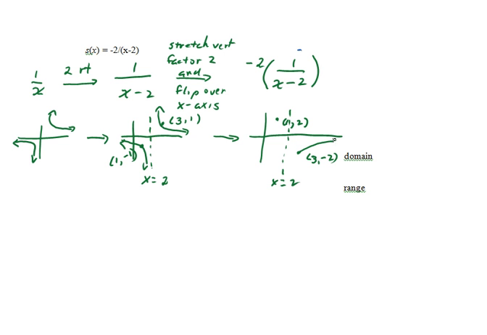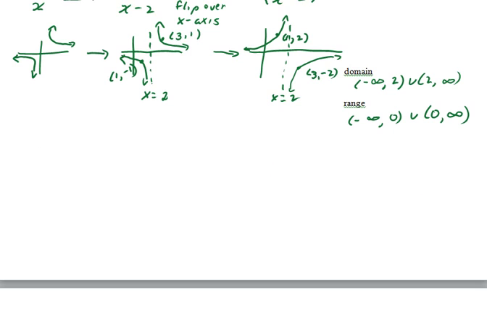And although there's been stretching and flipping, the horizontal asymptote is still at the x-axis. So the domain has changed to x not equal to 2. So the domain is the interval from negative infinity to 2, union 2 to infinity. And the range is still negative infinity to 0, union 0 to infinity.